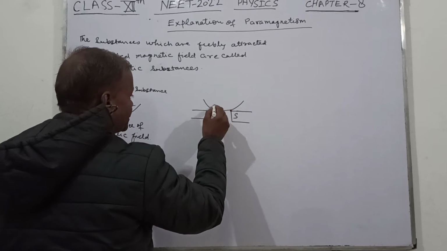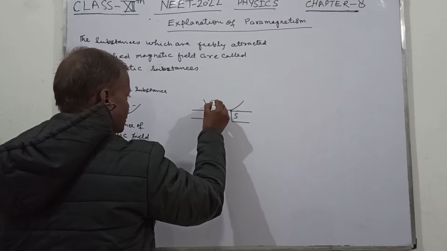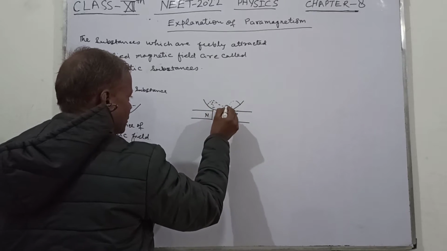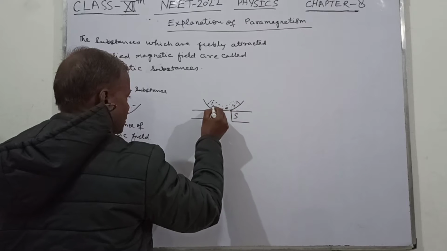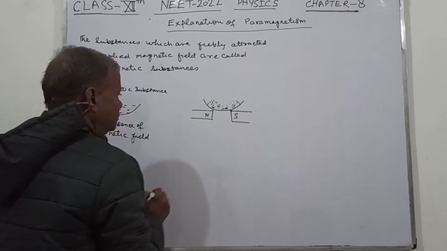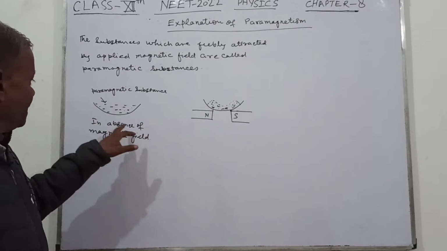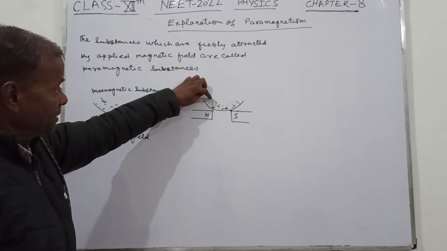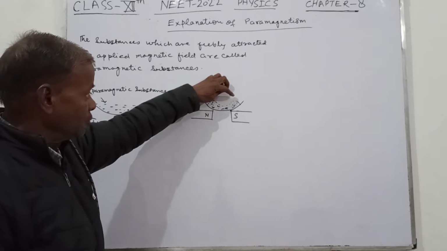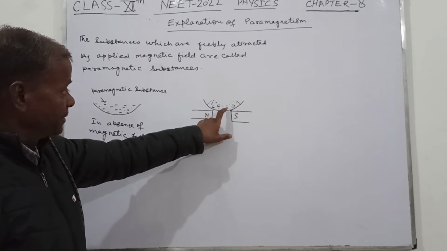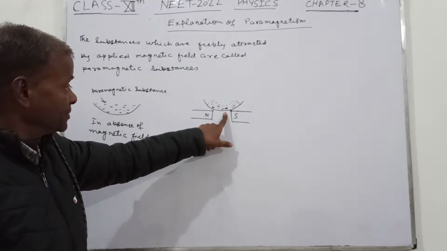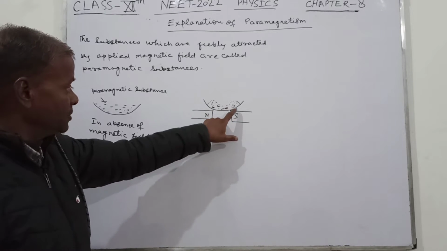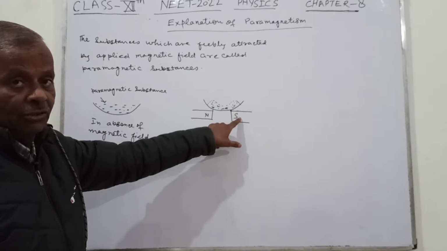Then this shows that this material is collected near this north pole and the south pole, having some depression in between at the center. So this shows that this is being attracted by this north pole, and this is also being attracted by the south pole.